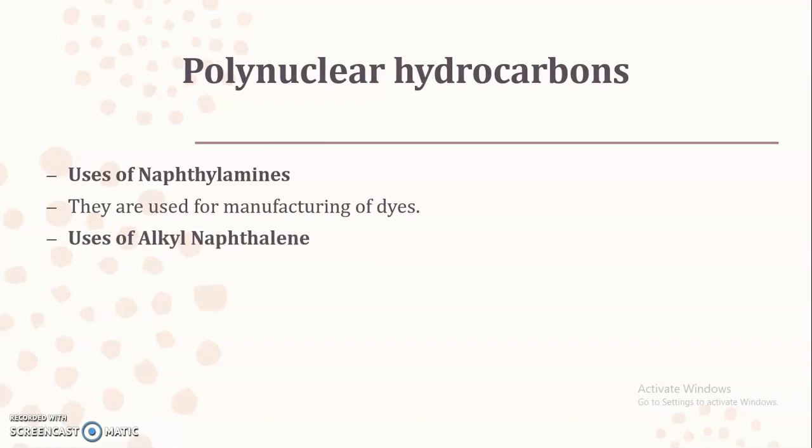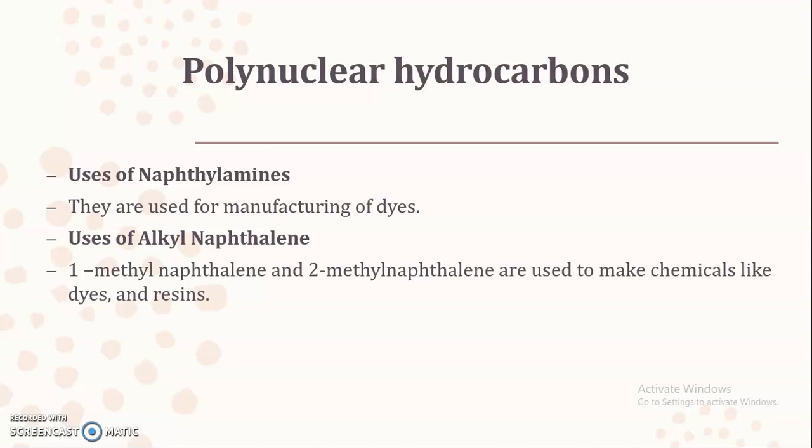We have studied these naphthylamines also, and the last derivative of naphthalene that we have studied is the alkyl naphthalenes, 1-methyl naphthalene and 2-methyl naphthalene. They are used to make chemicals like different dyes as well as resins. So in the manufacture of dyes as well as resins, these alkyl naphthalenes are mainly used.